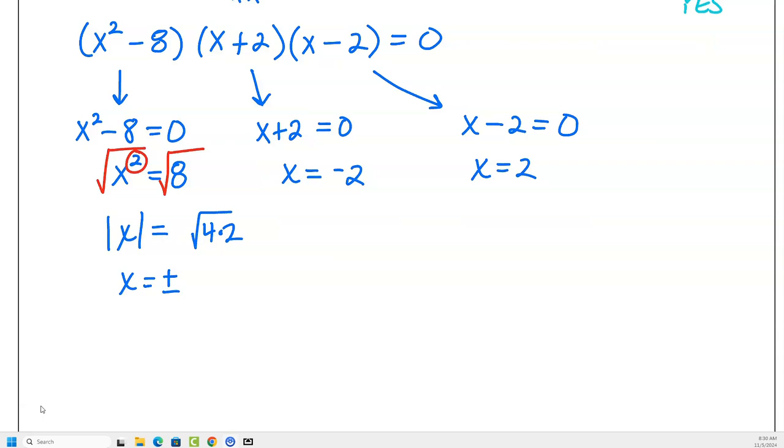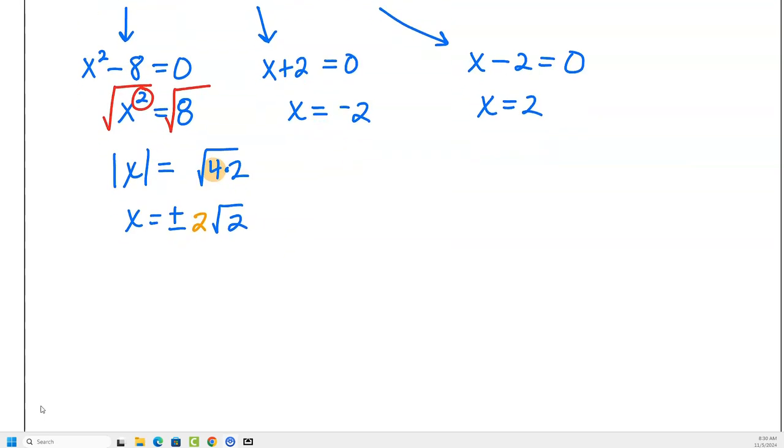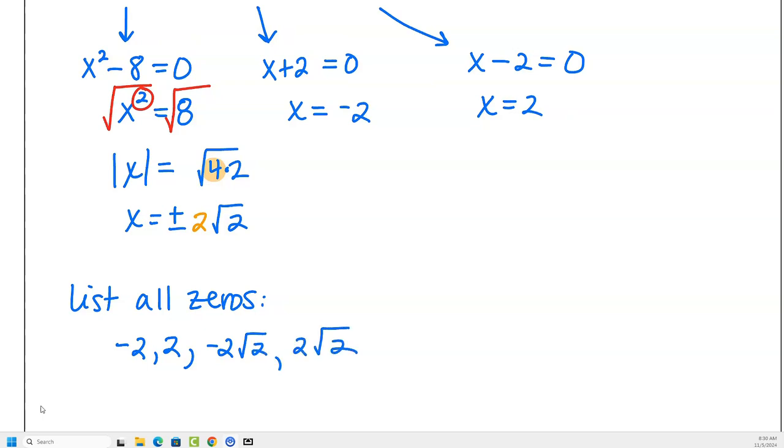The square root of 4 is 2, and then we'll leave the other square root 2 there. Okay, so now I can list all zeros. And that would be the negative 2, 2, the negative 2 root 2, and the positive 2 root 2.